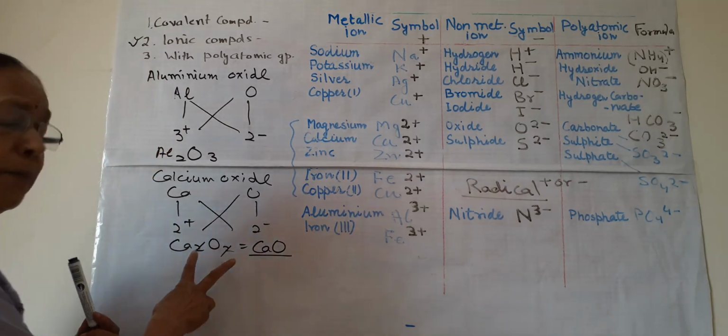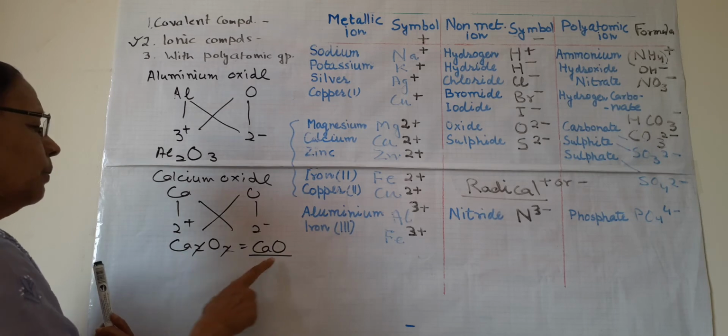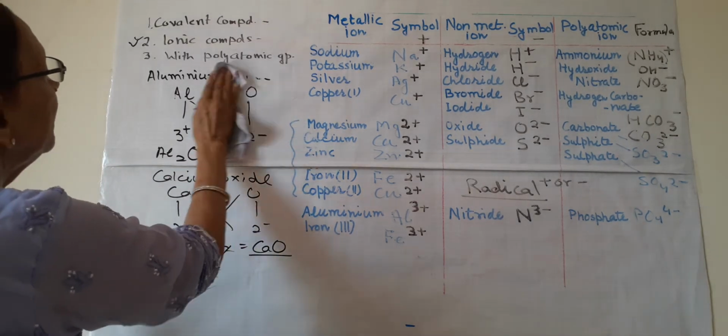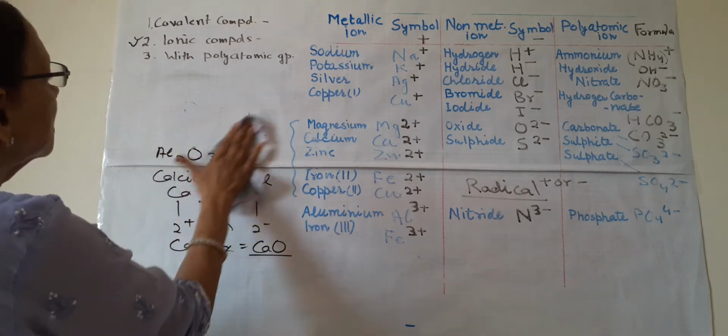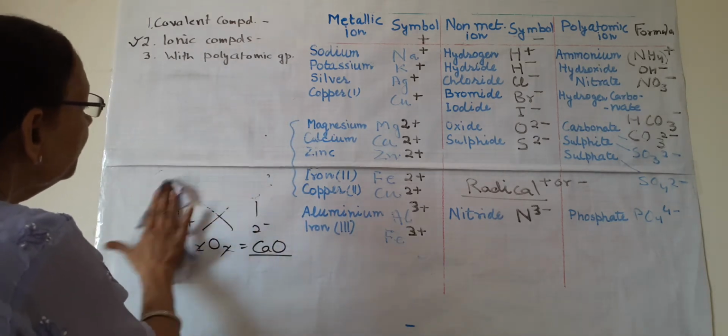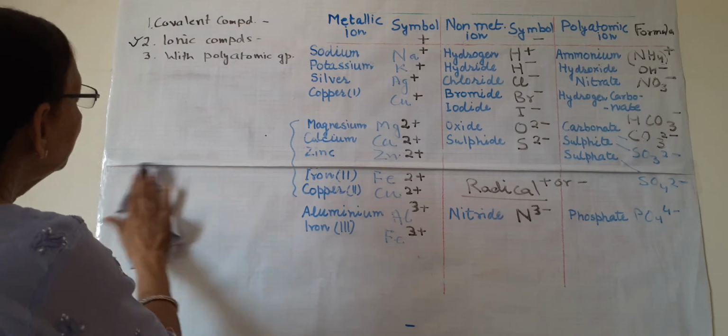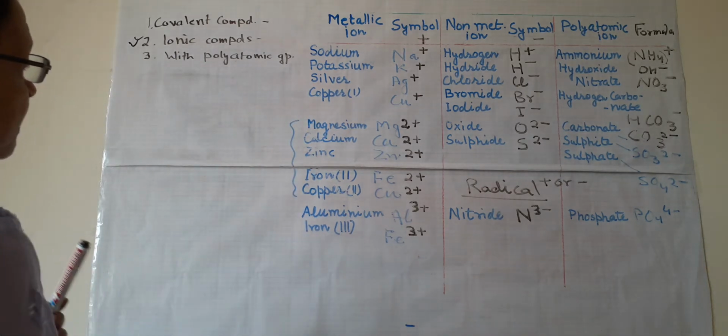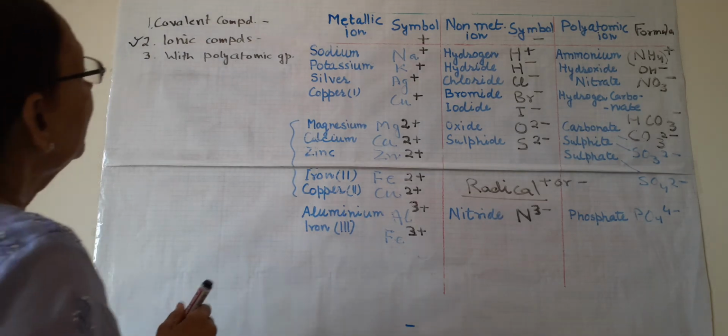When both are the same, generally we cancel. So now the formula of calcium oxide is CaO. So these are some of the formulas for ionic compounds where instead of valency we call them charges because they are present as cations or anions.